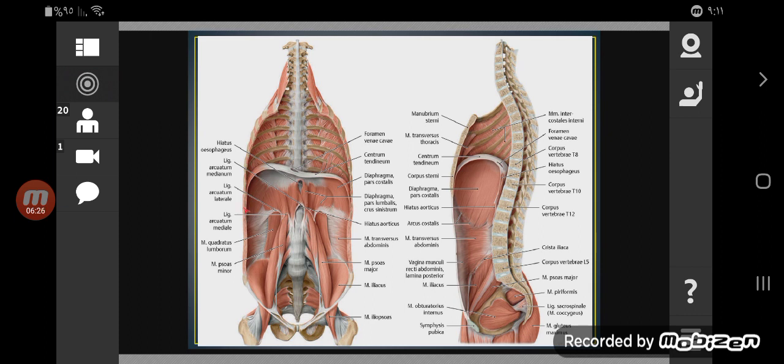Pars lumbaris, pars costalis, right? You can see the costal attachment of the diaphragm; we name it pars costalis, or costal part. And because of the lumbar attachment, we use pars lumbalis or lumbar part. Anyway.